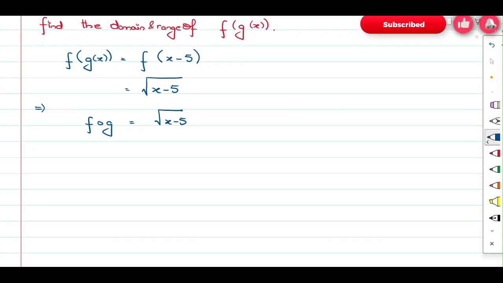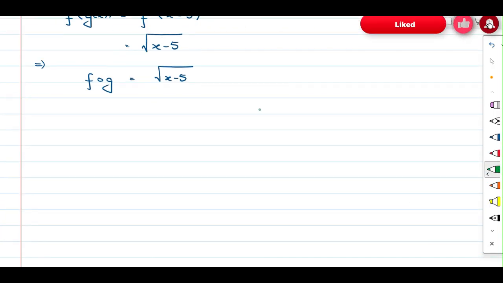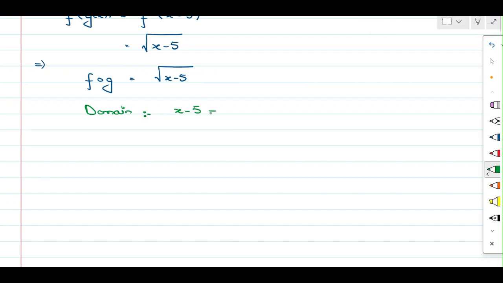To figure out its domain and range, this is a radical function, or a square root function. We have done in our previous videos how to figure out the domain and range of the radical function. The domain of the radical function is that you have to put the expression inside the root greater than or equal to 0.